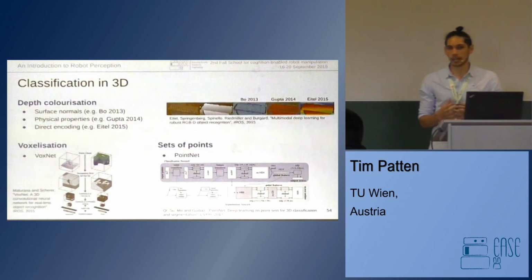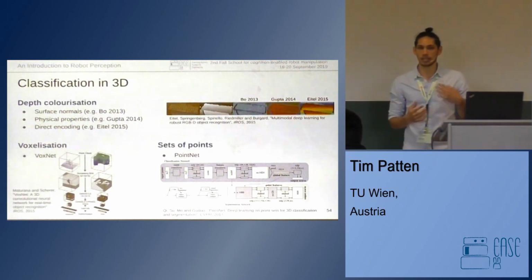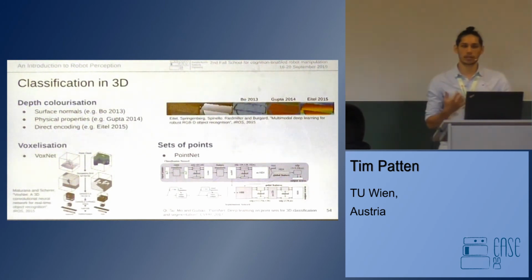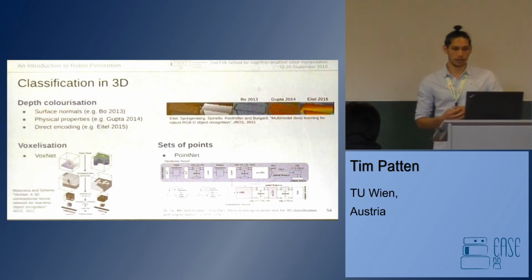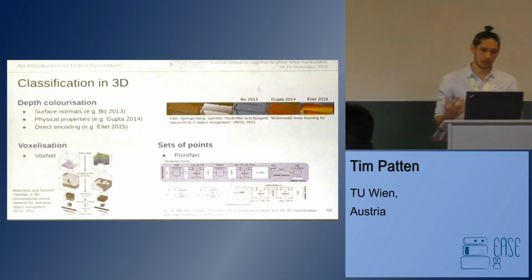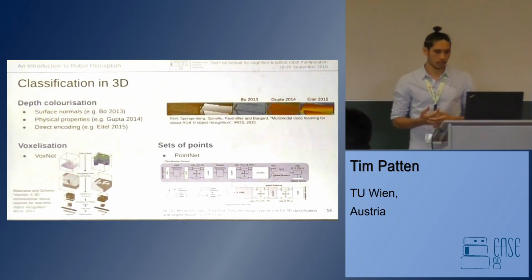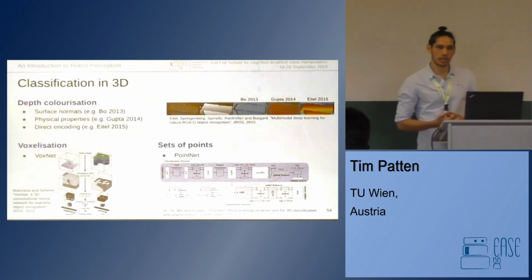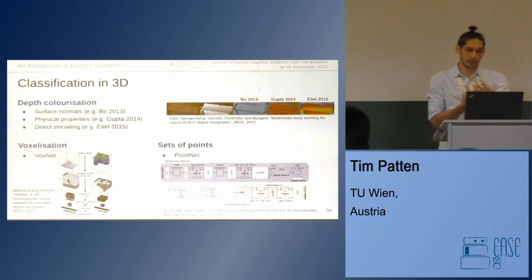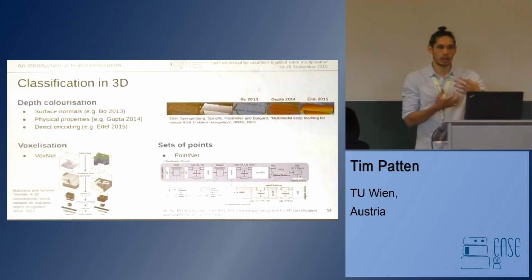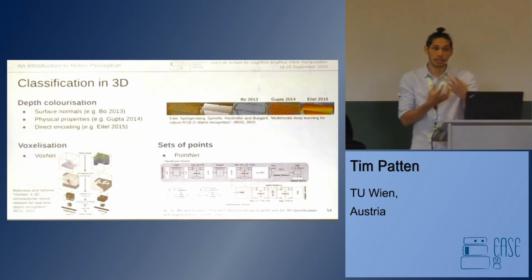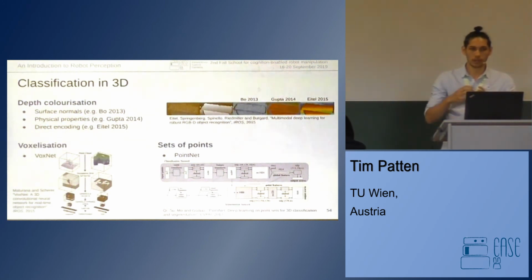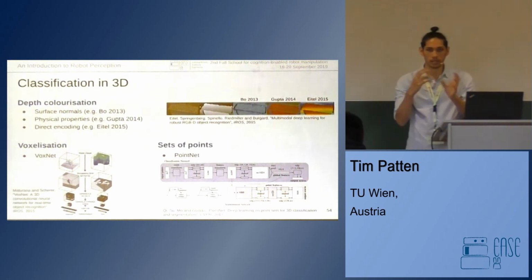But of course, we can think about these data representations that I talked about before and create CNN architectures that use these instead of images, so using voxels or using points. VoxNet is one such architecture that looks at these 3D volumes, and it has a 3D CNN basically. The kernel is slightly different because there's an extra dimension in the input.